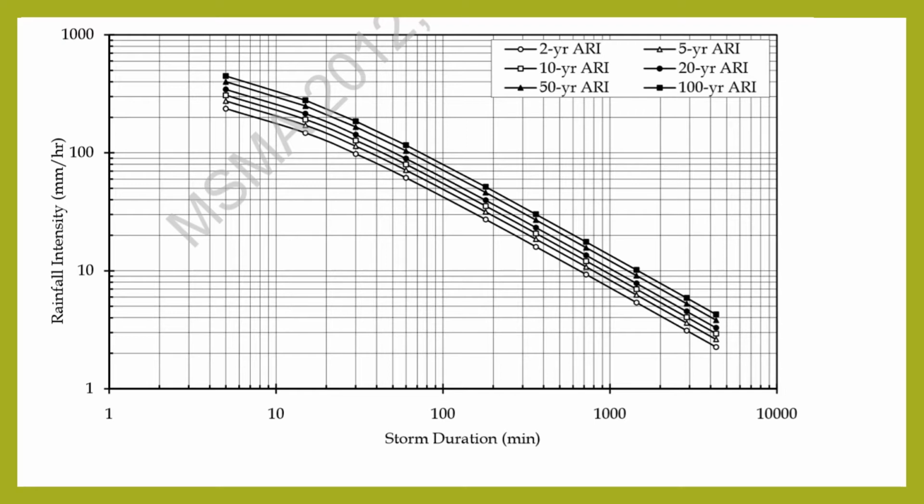So what we have is the duration, the rainfall intensity, and then the return period. That is why it's called intensity, duration, and frequency curve. So this is how we get the design rainfall.